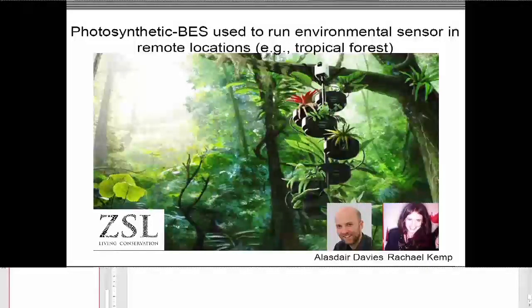So this project is actually done in collaboration with the Zoological Society of London. And a couple of years ago, Alistair and Rachel contacted me and said, well, we have several environmental sensors and camera traps operating in a tropical forest.